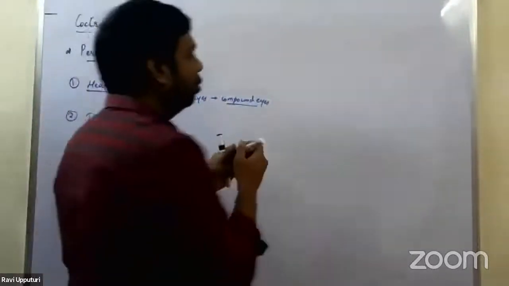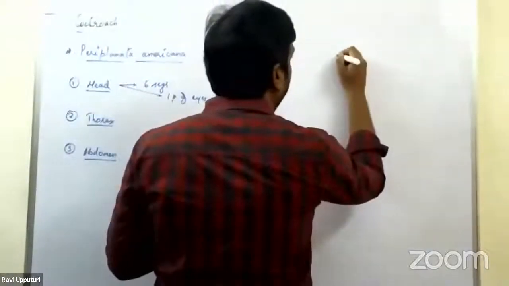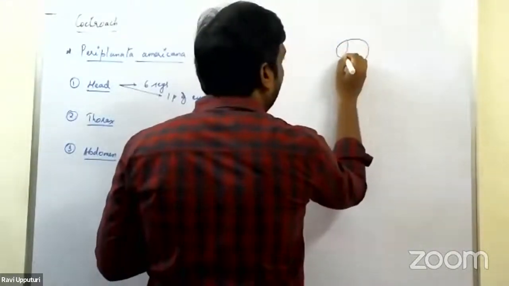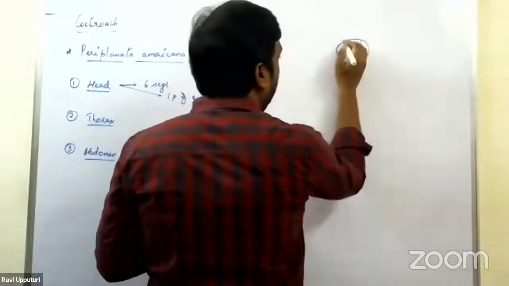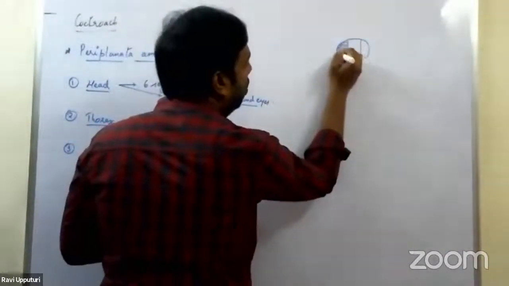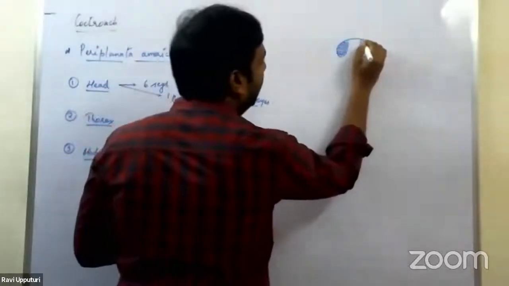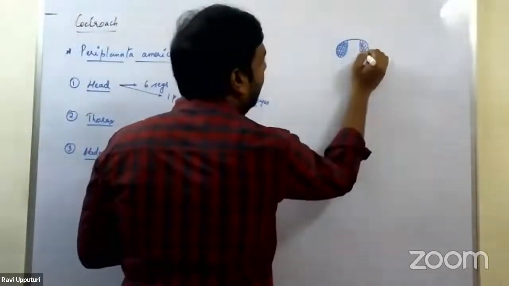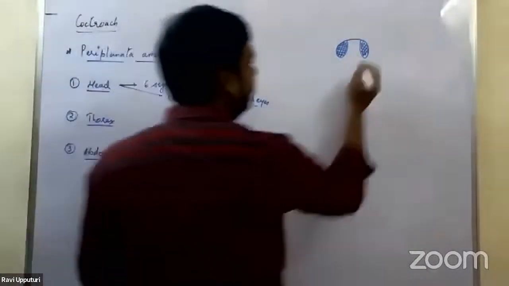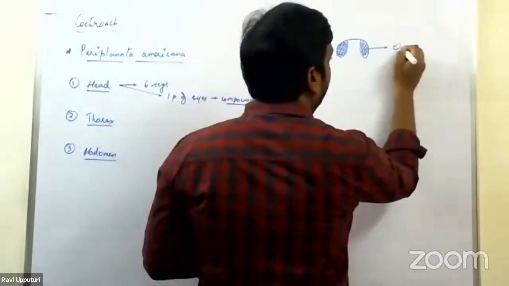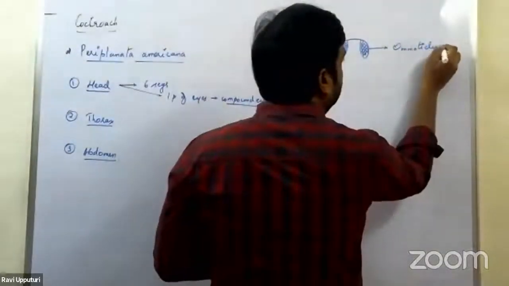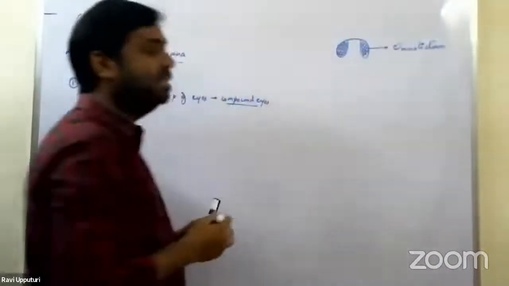So if we start drawing the head here, the compound eyes would be present here, and these eyes are made up of smaller units. The entire eye is made up of these smaller units, and each unit is called ommatidia.